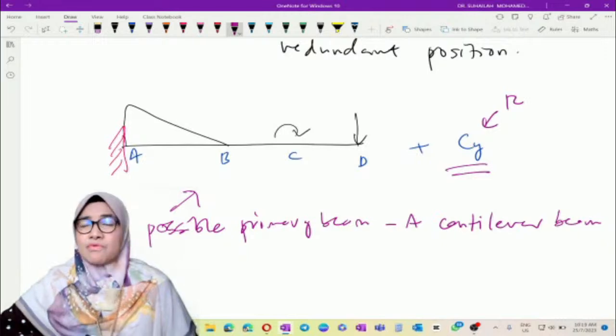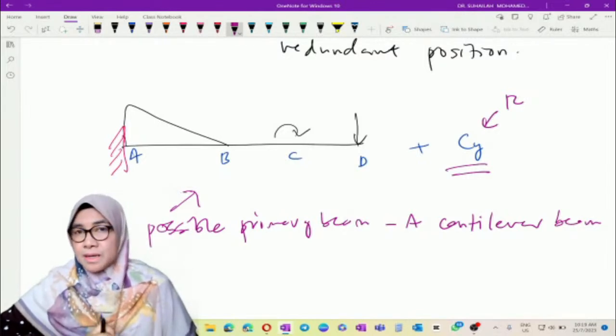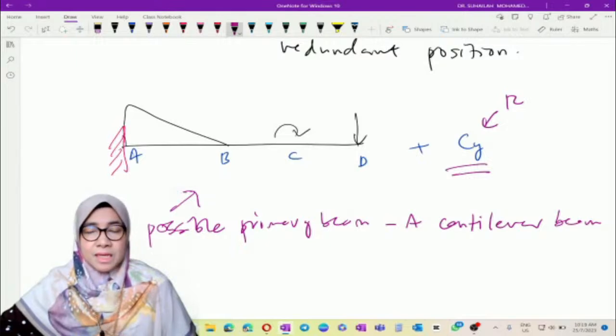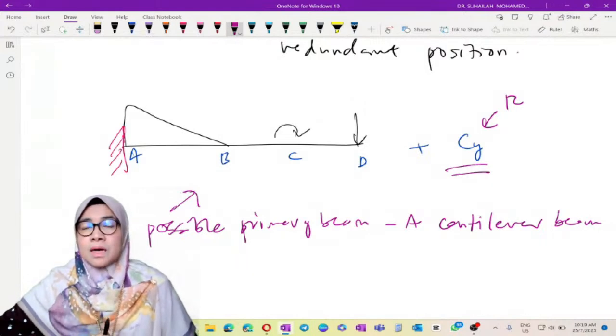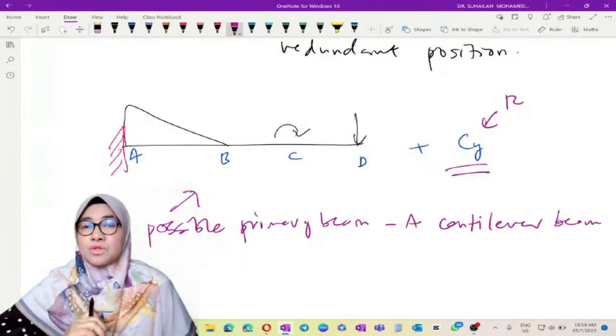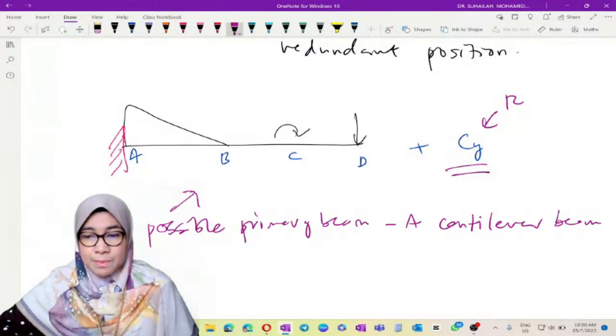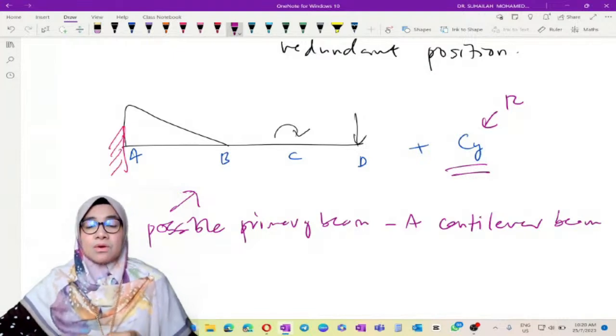The one that we remove is the roller at C, so CY is the redundant, and the redundant position is located at C. In the compatibility equation, we will determine all vertical displacement at C in order to calculate CY, because we focus on the redundant position. This is possibility number one.